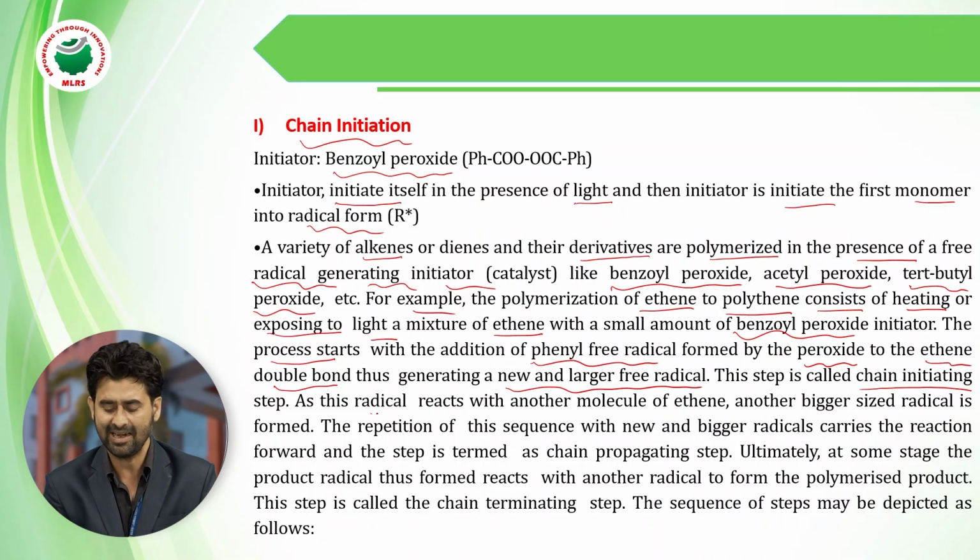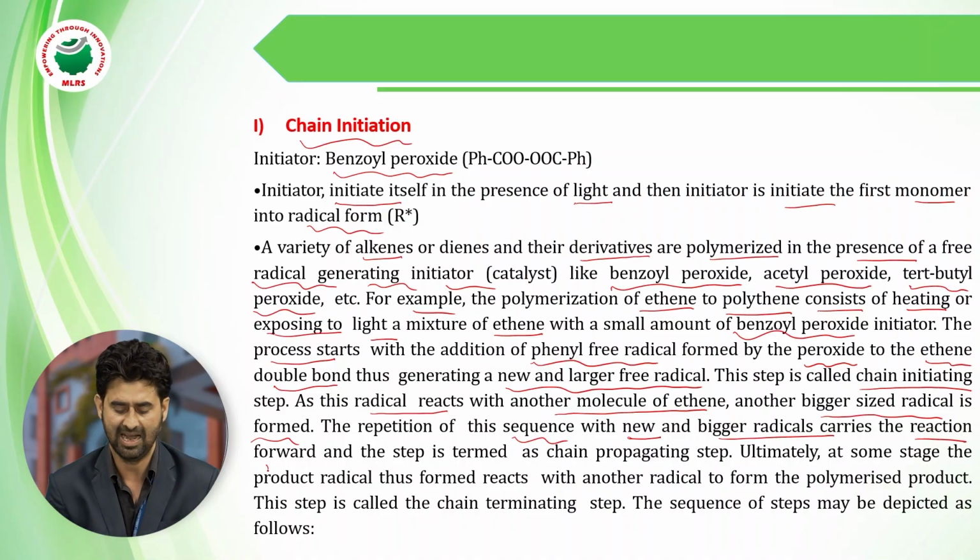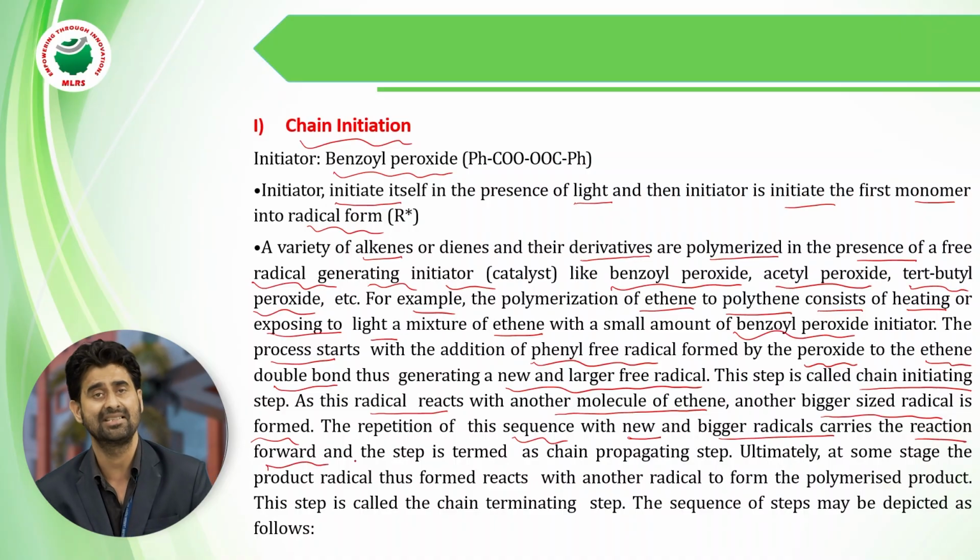As this radical reacts with another molecule of ethene, another big sized radical is formed. This process goes on through repetitive additions in sequence, with new bigger radicals carrying the reaction forward, and this is what we call the chain propagating step.